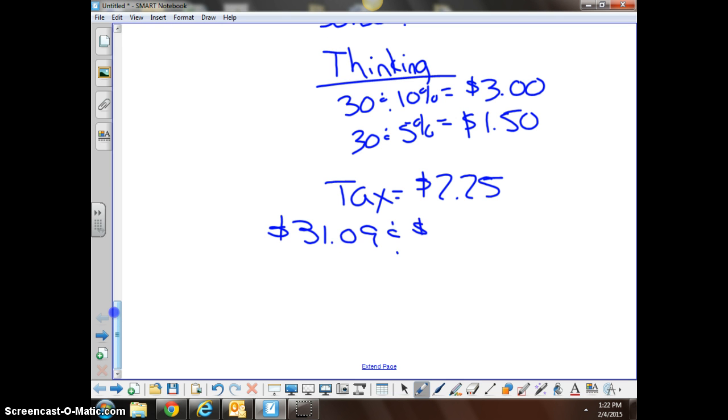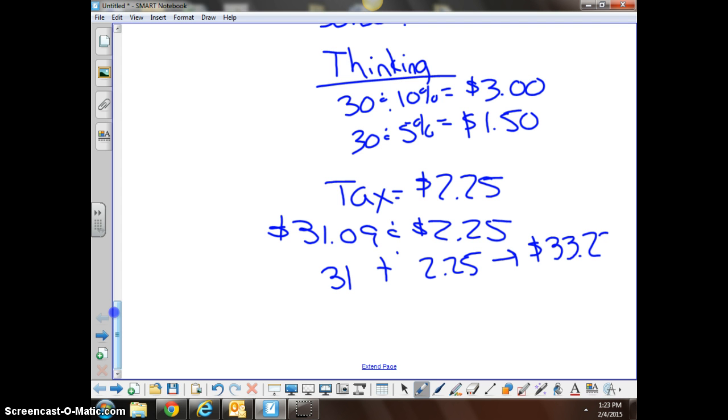And I have $2.25. What are my compatibles going to be? What do you think, Pranav? 31 is a compatible plus what? $2.25. Can you do that in your head, you guys? Yeah. So now I have $33.25. So with tax, I have $33.25.